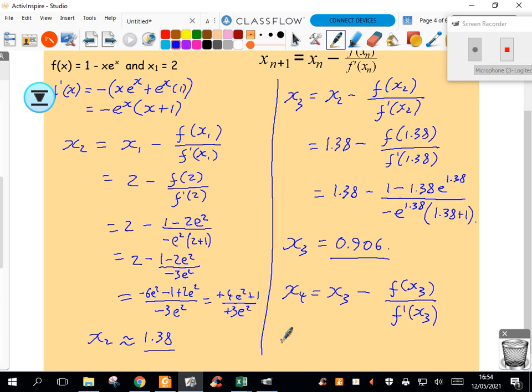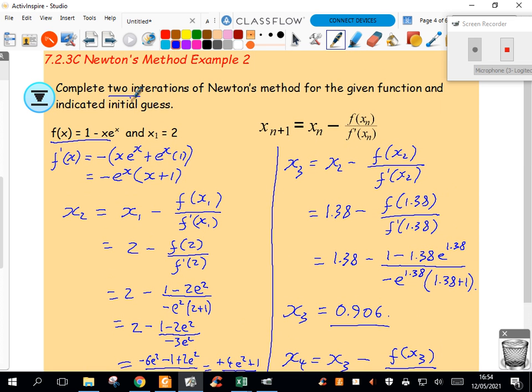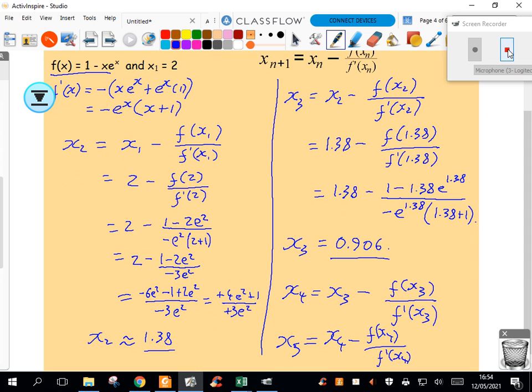To find the fifth approximation, x5 would be x4 minus f of x sub 4 divided by f prime at x sub 4, etc. So that's how to use Newton's method to find successive approximations of the root. I just want to make sure: yes, 2 iterations. That's all I was asked to do. But I can do as many as I want following that same process. The calculator is pretty handy for this. It's not quite as easily done in your head as the last example.